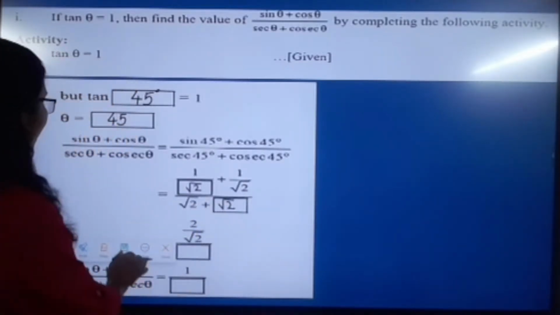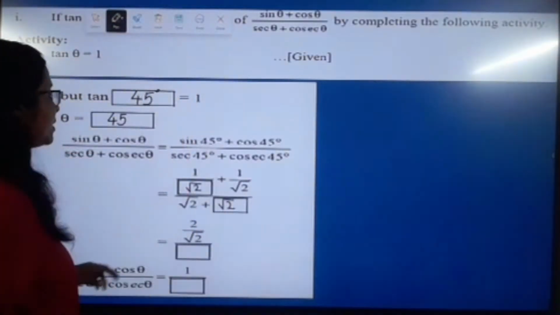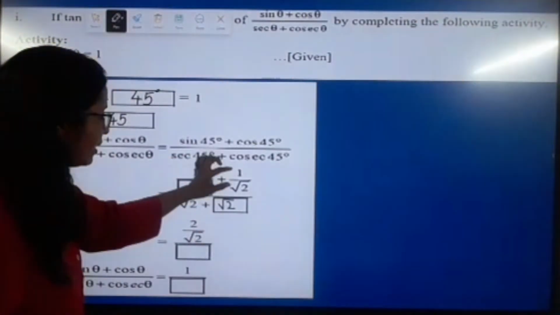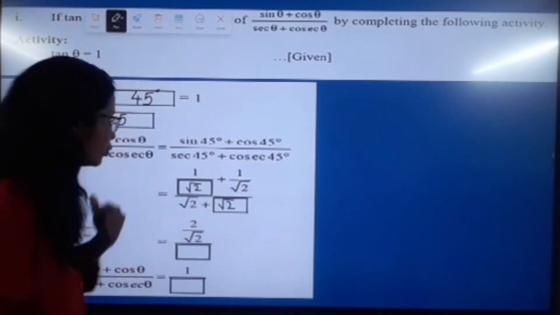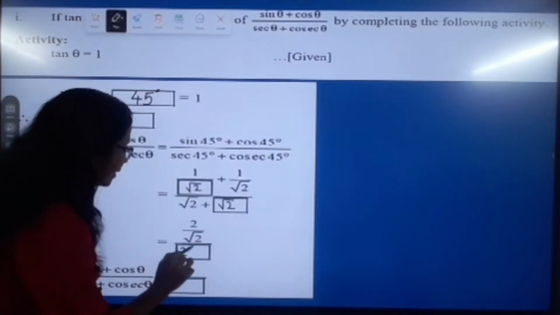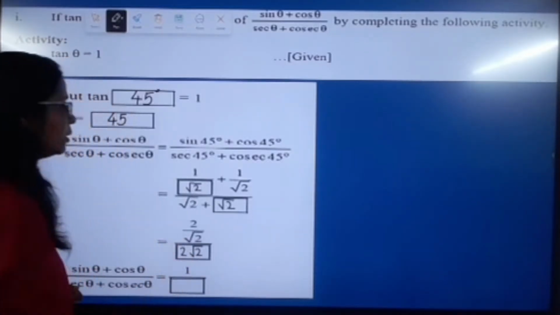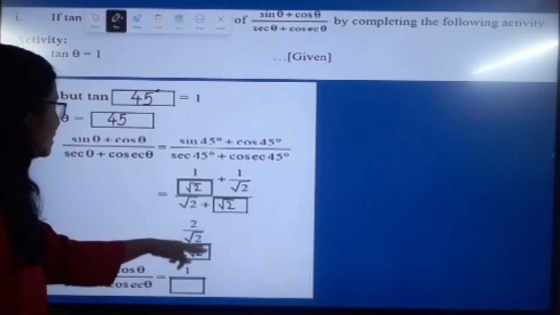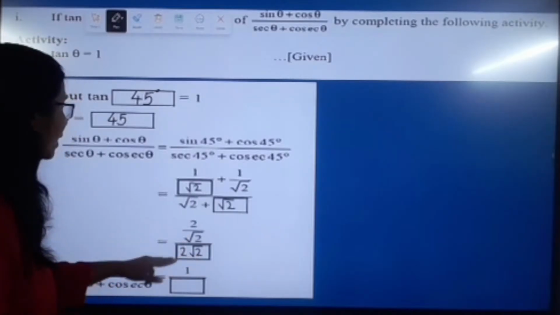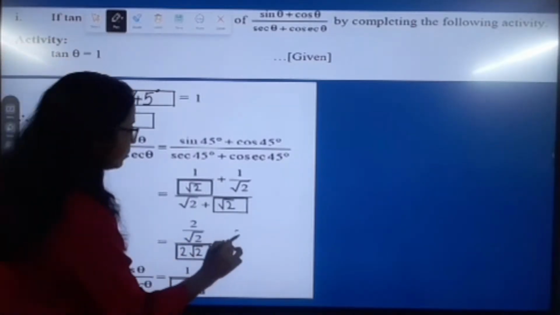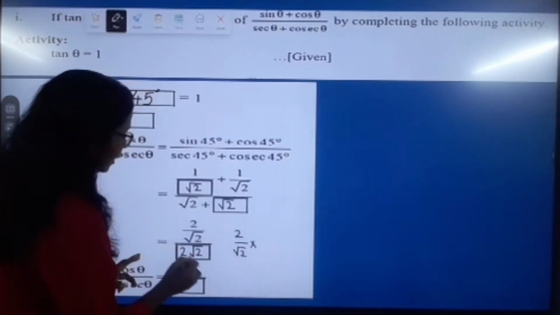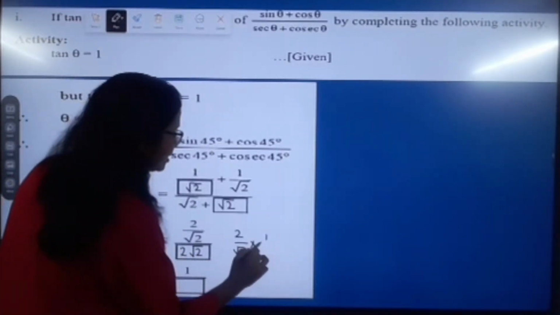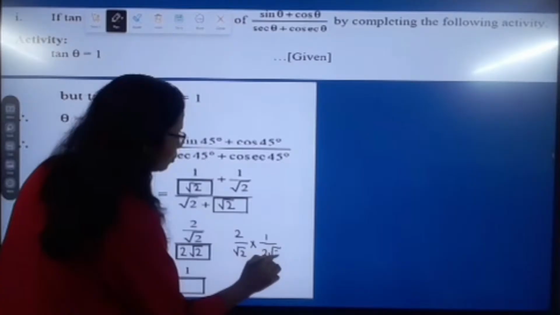So after solving, 1 upon root 2 plus 1 upon root 2 means 2 upon root 2, and root 2 plus root 2 means 2 root 2. Then 2 upon root 2 multiplied by the reciprocal of 2 root 2, that means 1 upon 2 root 2.